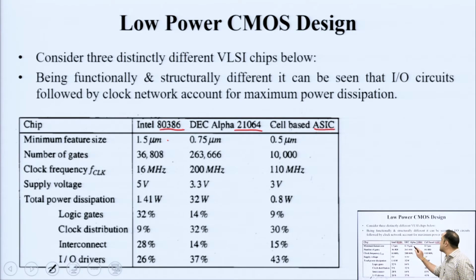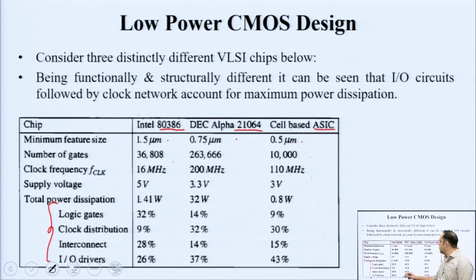The feature size is widely different, the number of logic gates is also different, and the frequency at which they are operating and the supply voltage is also varying. So, there are three distinctly different integrated circuits, and if you compare the power consumption profile across logic circuits, clock distribution, interconnection, input output drivers, you can see that there is a vast difference.